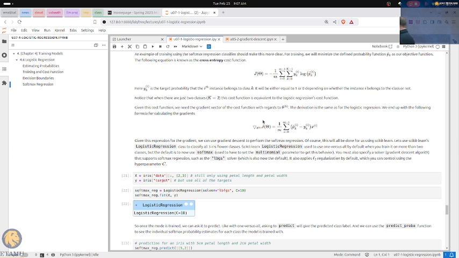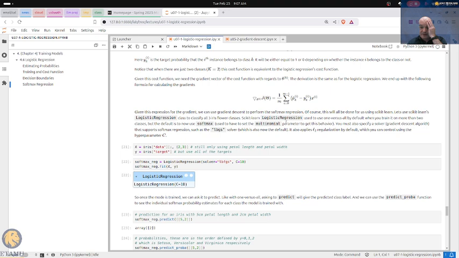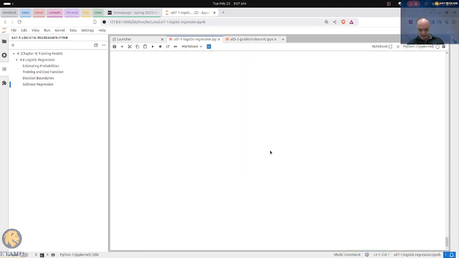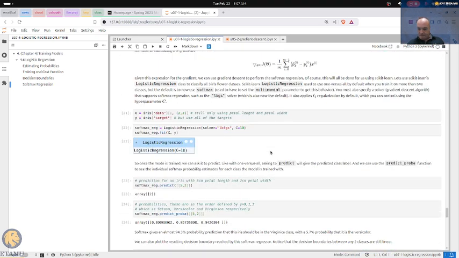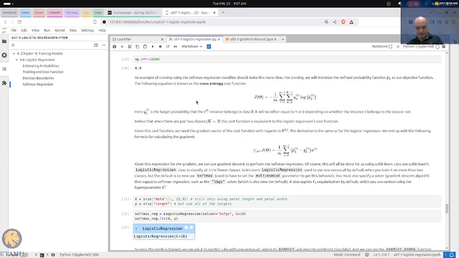We'll save it till after the break here. We'll look at some other ways of implementing multi-class classification.